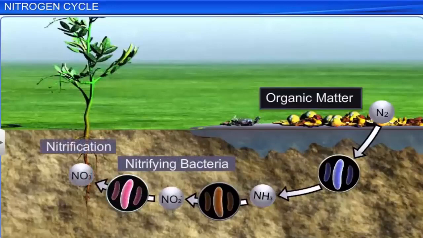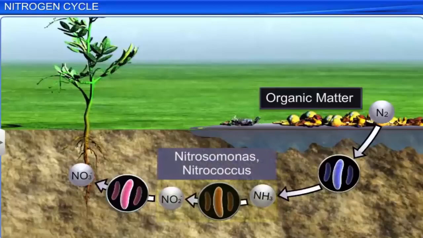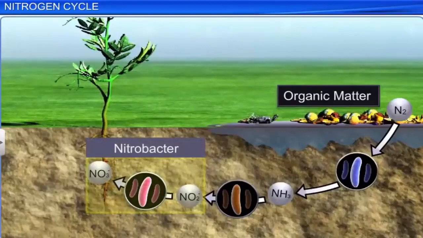This is called nitrification. During the nitrifying process, chemoautotrophic bacteria such as Nitrosomonas and Nitrococcus act on ammonia and oxidize it into nitrite. Nitrites are further oxidized into nitrates by the bacterium Nitrobacter.